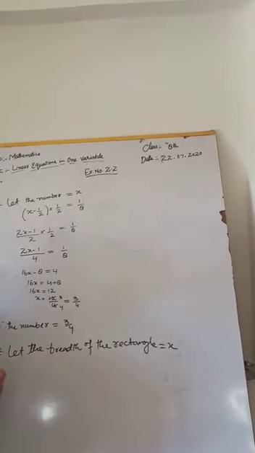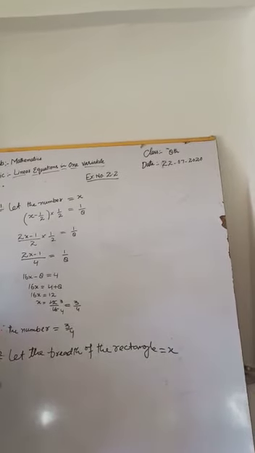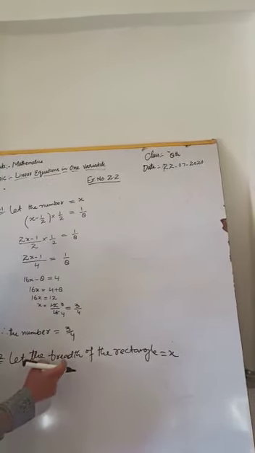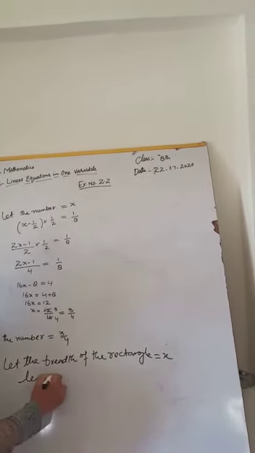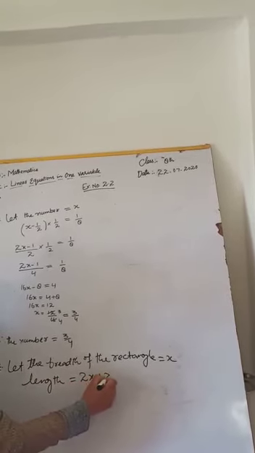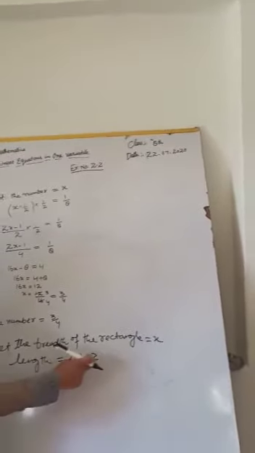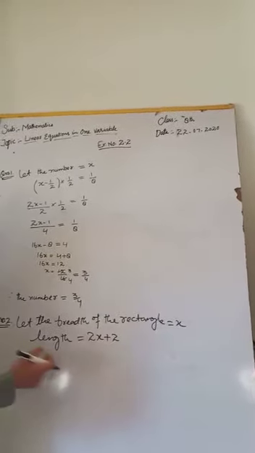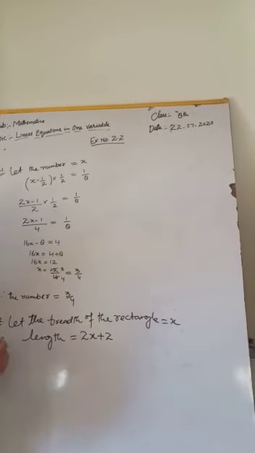As per the question, length is 2 more than twice its breadth. So if we have put breadth to be equal to x, then length will be equal to 2x plus 2, because as per the question, length is 2 more than twice the breadth. So if breadth is x, length is 2x plus 2.